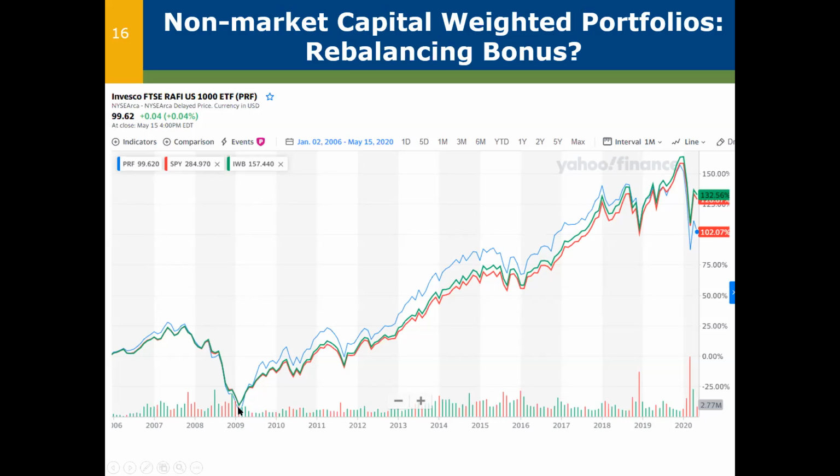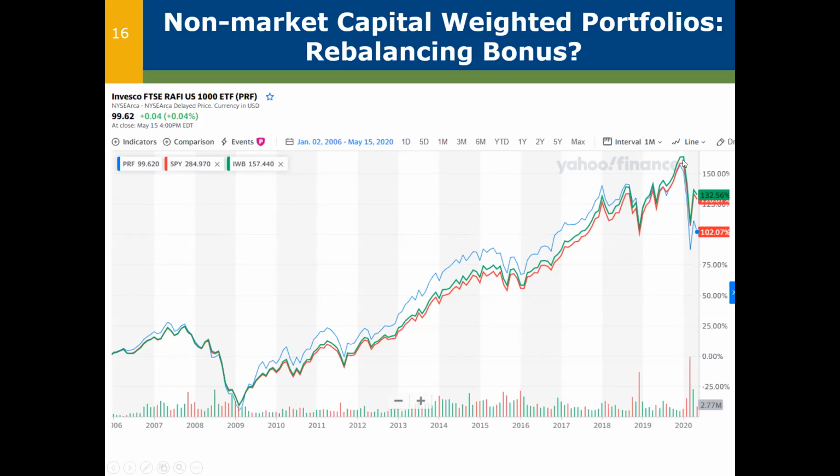So at the bottom of the financial crisis, what it ended up doing was heavily weighting really beaten down stocks that subsequently rebounded better than the overall index. And so that single rebalancing, almost by luck of rebalancing right at the market bottom, allowed it to maintain a slight outperformance all the way up to relatively recent history.